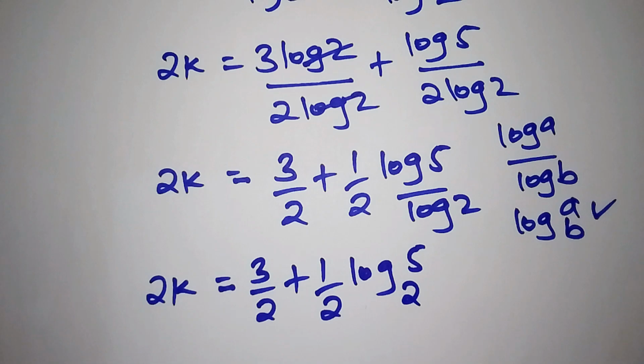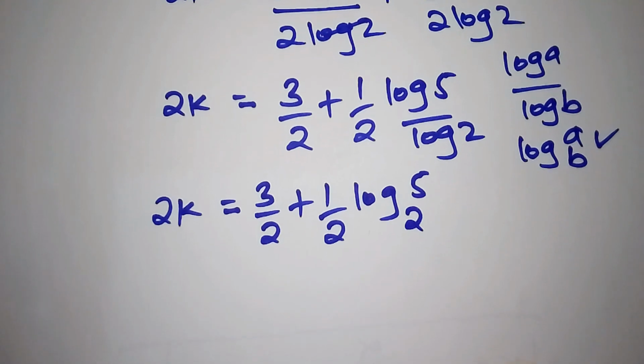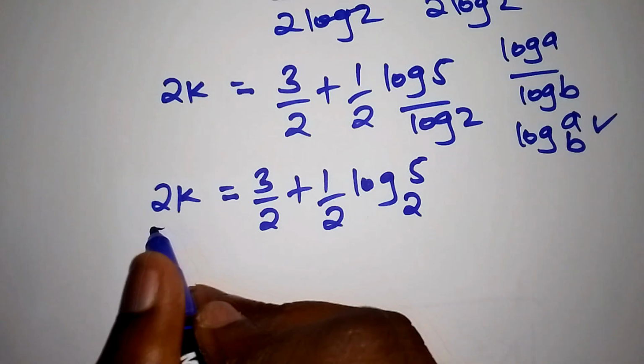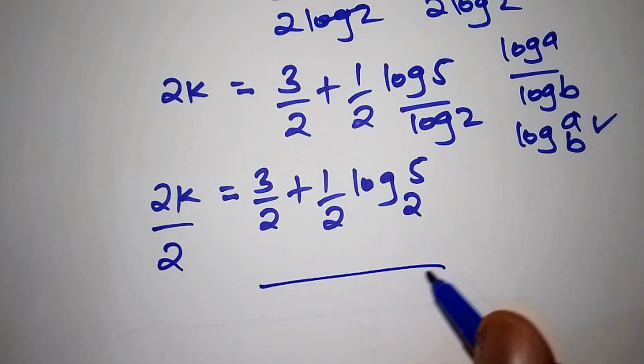Because we want to find the value for k, we divide both sides by 2, so that we get the value for k. All of these shall be divided by 2.